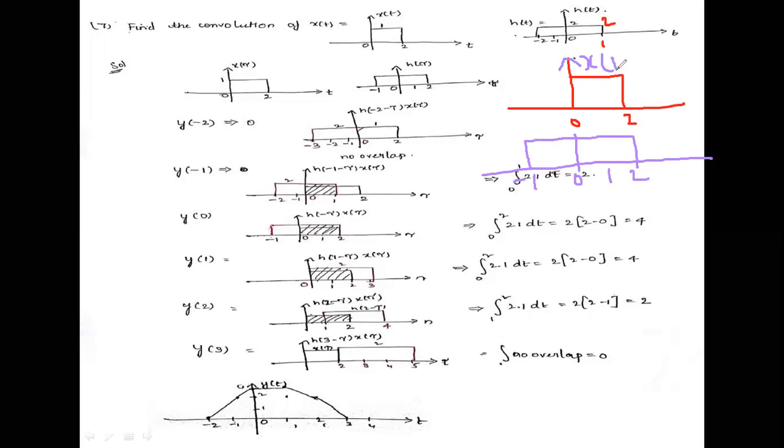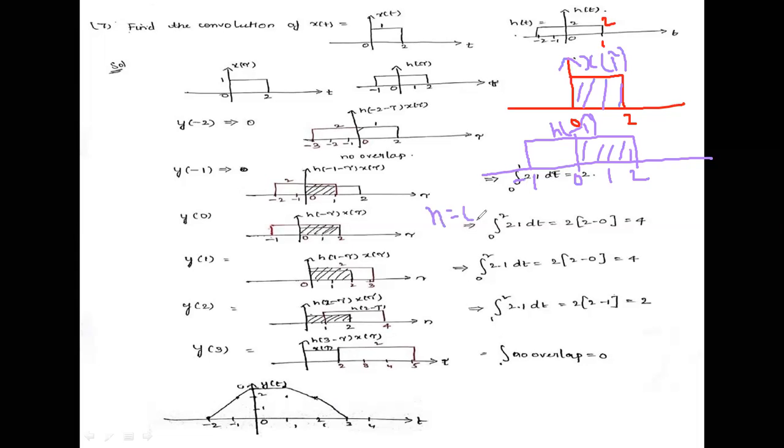See, my dear students, x is from 0 to 2 and h is from -1 to 2: -1, 0, 1, and 2. This is x of tau. This one is h of minus tau. There is overlapping for 0 to 2 when n is equal to 0.